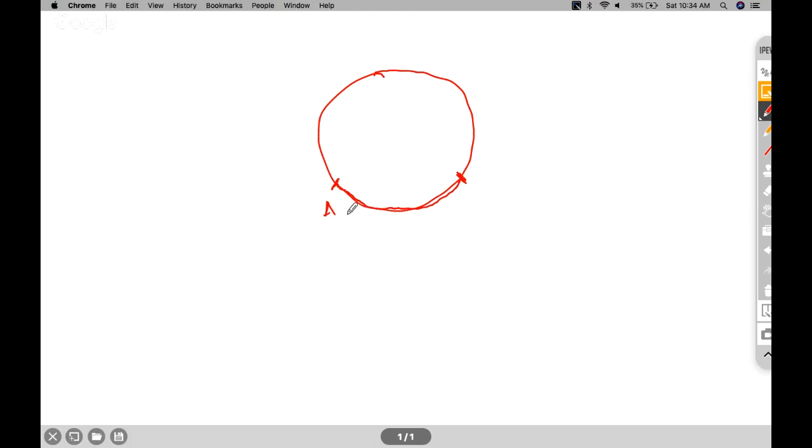Suppose this is A, this is B, and let's take this point as P. So this APB, which is a part of the complete circumference, is known as an arc of the circle. And an arc of the circle is denoted by this arc sign over the alphabets.